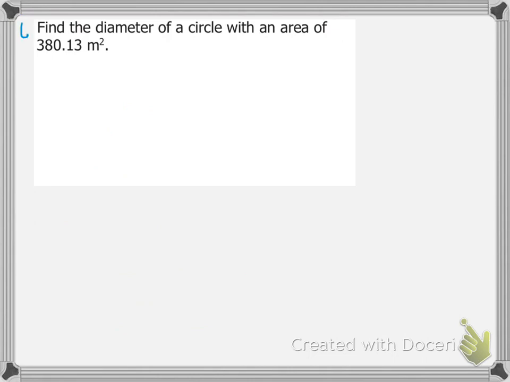All right, let's look here. Find the diameter of a circle with an area of 380.13 meters squared. The area of a circle is pi r squared, so 380.13 equals pi r squared.